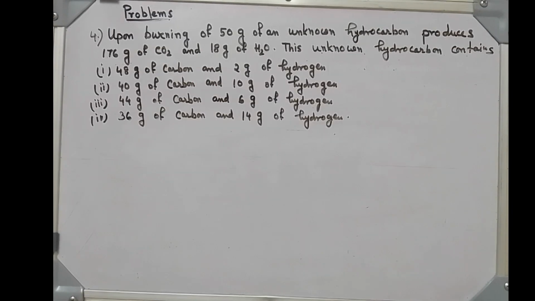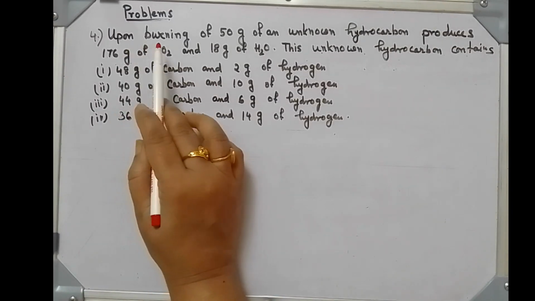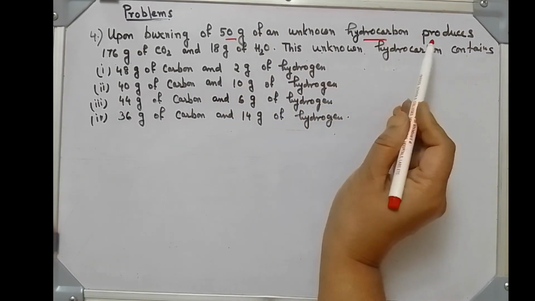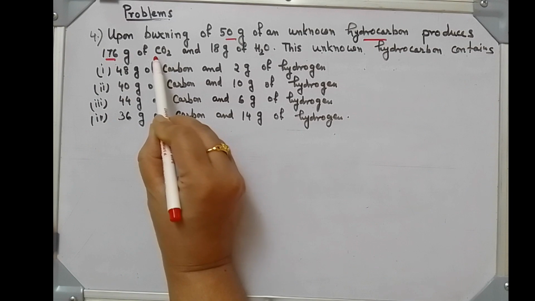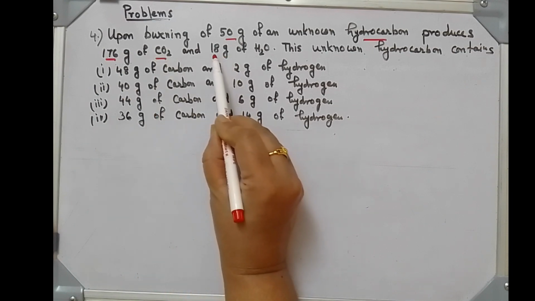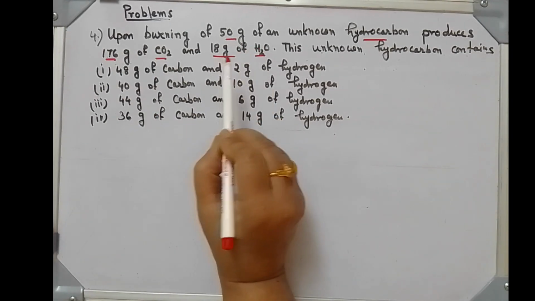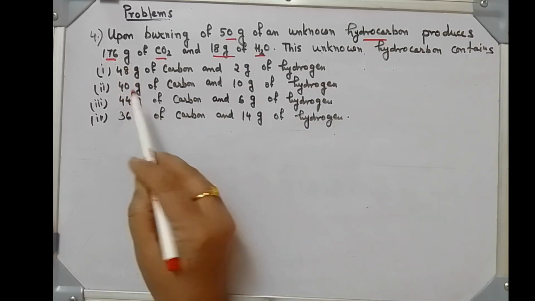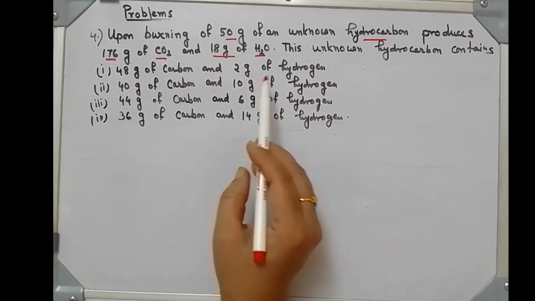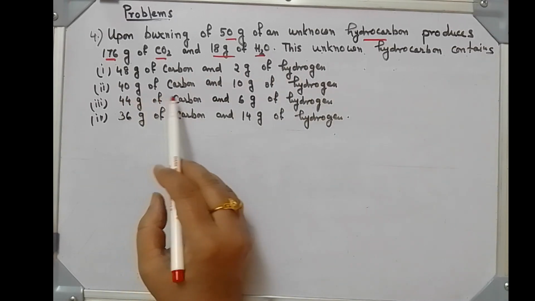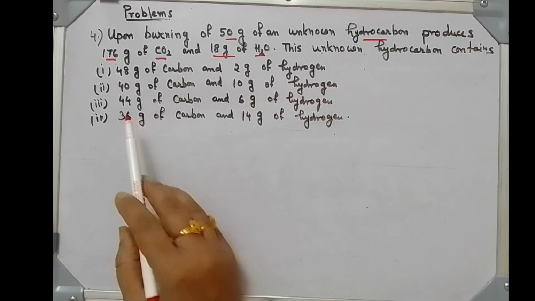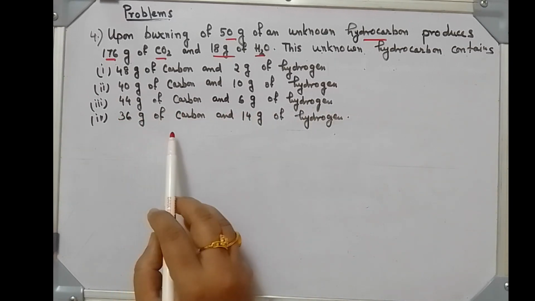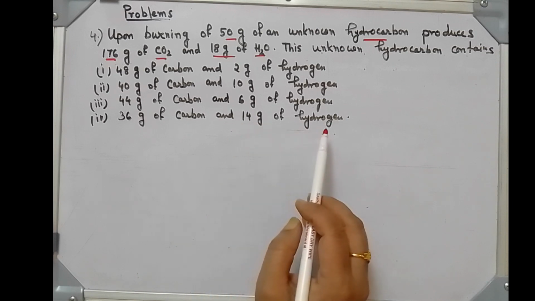Clear? Next problem. Upon burning of 50 gram of unknown hydrocarbon produces 176 gram of carbon dioxide and 18 gram of water. This unknown hydrocarbon contains, 4 options are there: 48 grams of carbon and 2 gram of hydrogen, 40 gram of carbon and 10 gram of hydrogen, 44 gram of carbon and 6 gram of hydrogen, 36 gram of carbon and 14 gram of hydrogen.